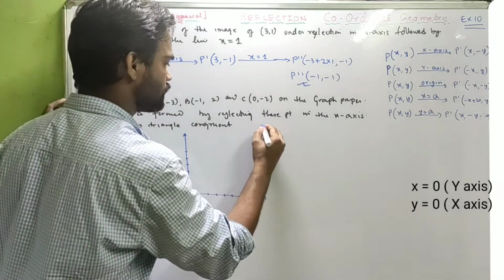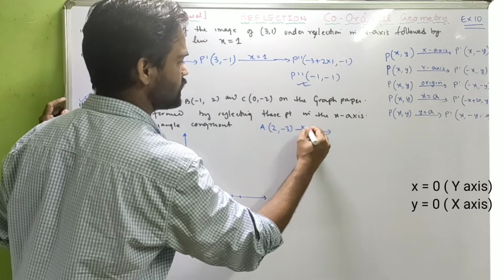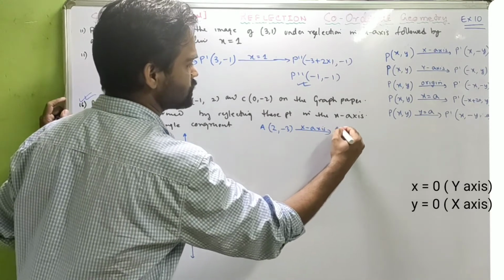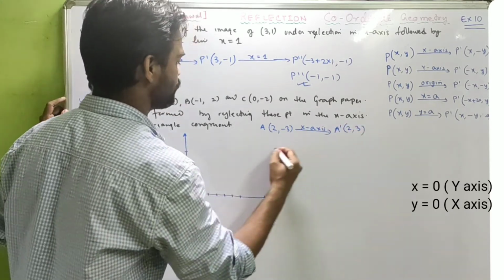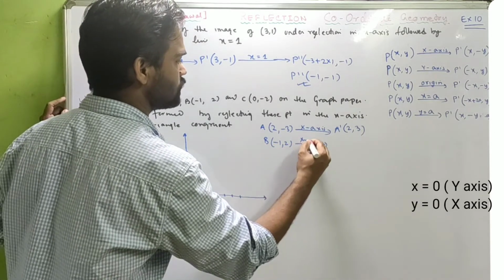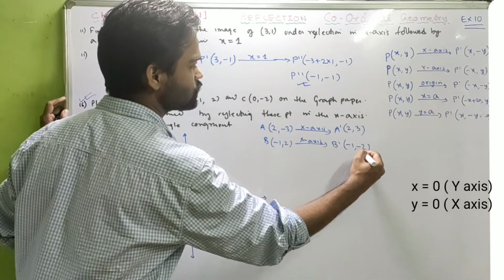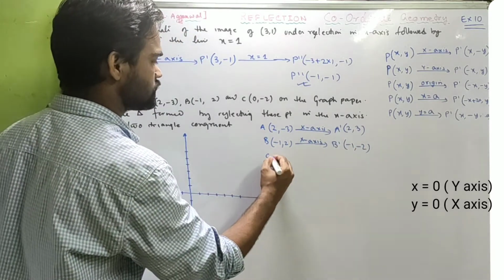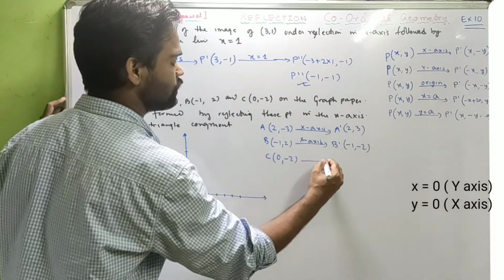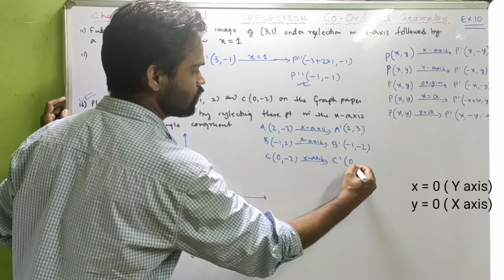First of all, A (2, -3) when reflected in the x-axis becomes A dash (2, 3). Similarly, B (-1, 2) when reflected in the x-axis becomes B dash (-1, -2). Now C (0, -2) when reflected in the x-axis becomes C dash (0, 2).